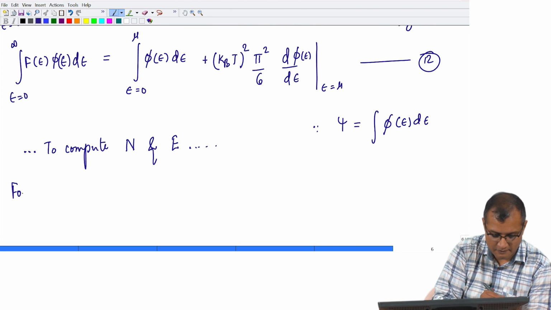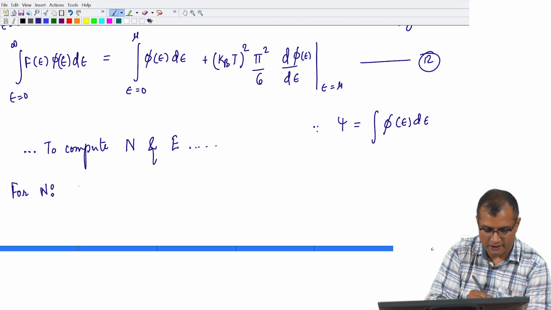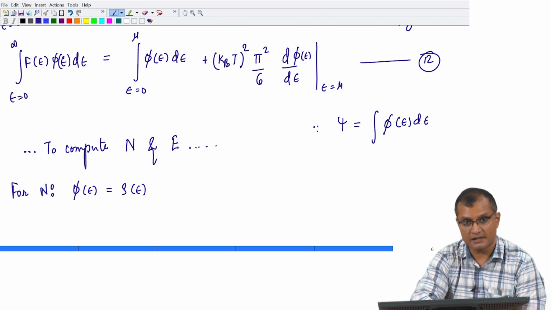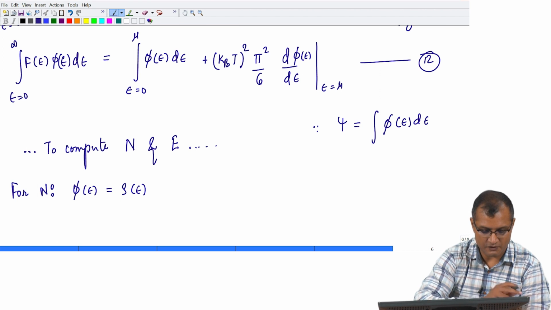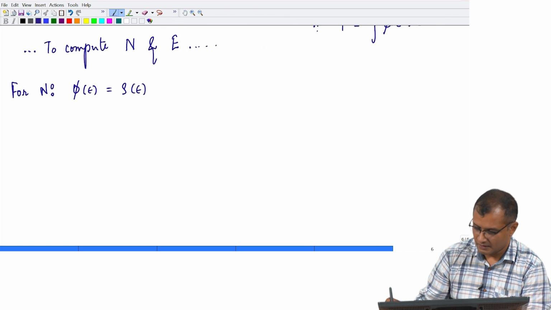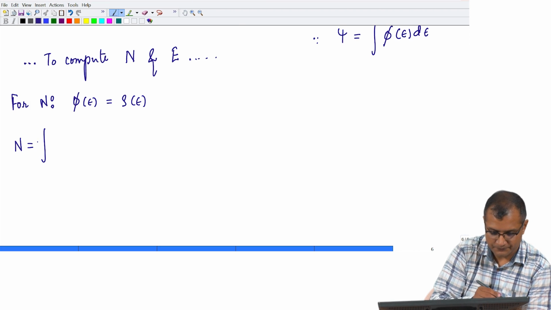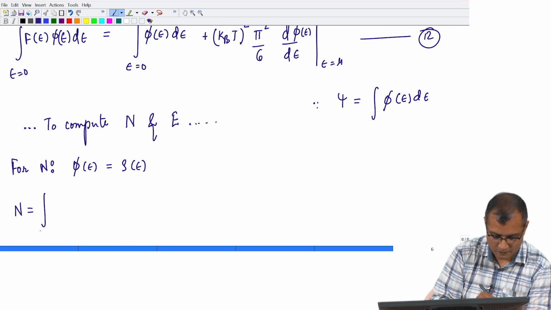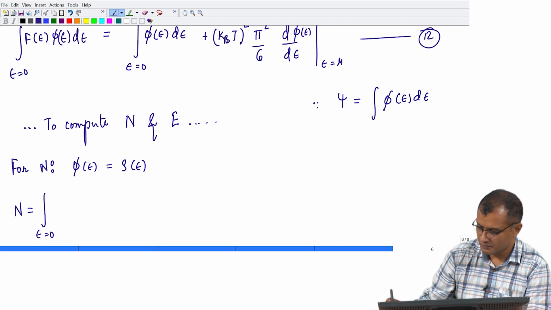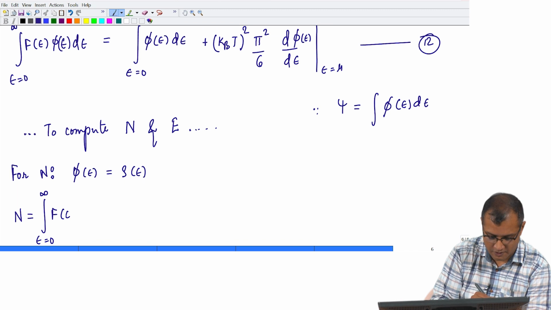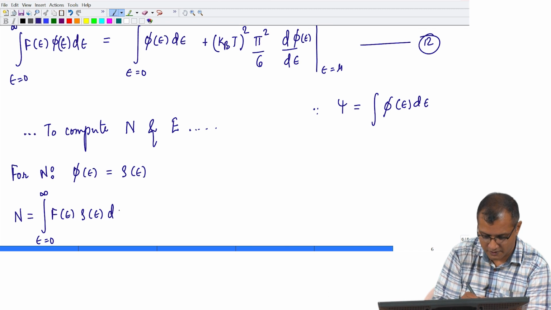So, for n I have to take my function phi of epsilon as just the density of states, okay, because if you see the left hand side, n would be nothing but integral E going from 0 to infinity f of E into density of states dE.